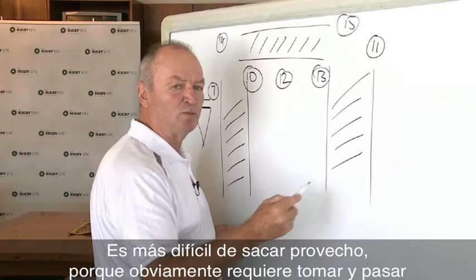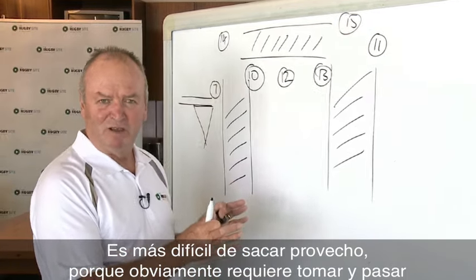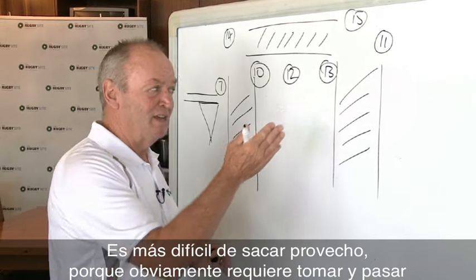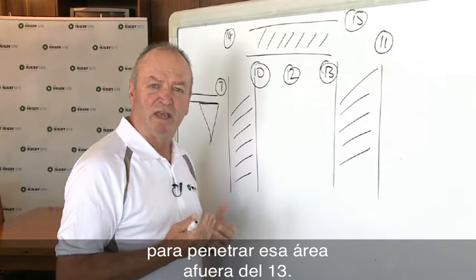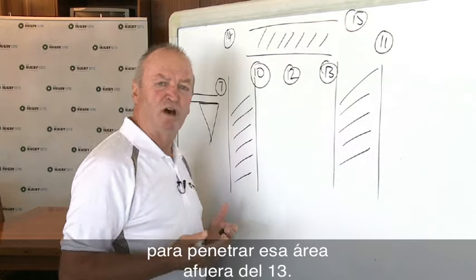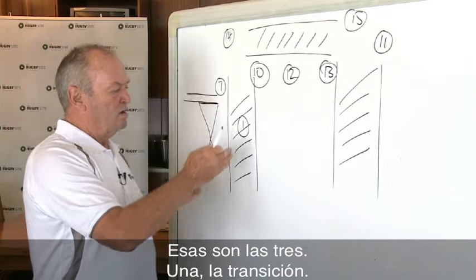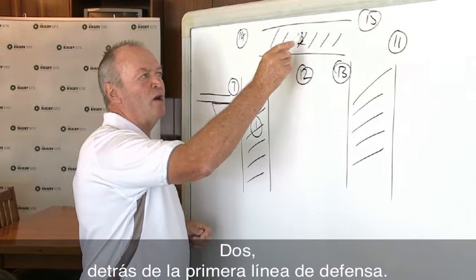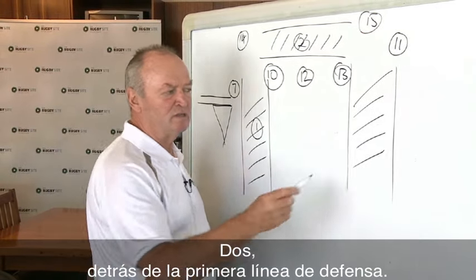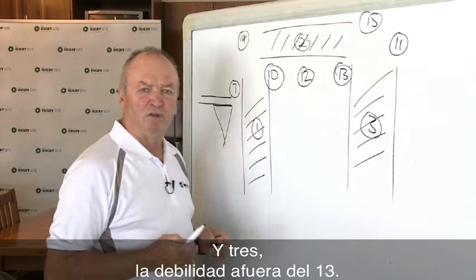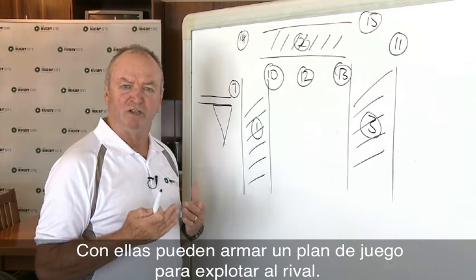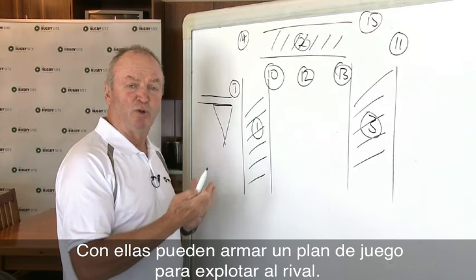More difficult to exploit because obviously it requires a bit of catching and passing to get through that area outside of 13. So they are the three. 1, the transition. 2, behind the first line of defence. And 3, the weakness outside 13, that you can set up a game plan to exploit the opposition.